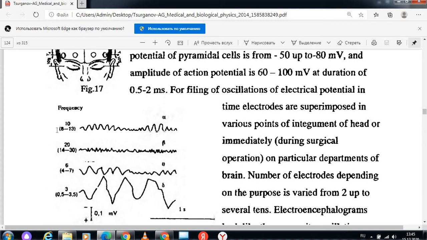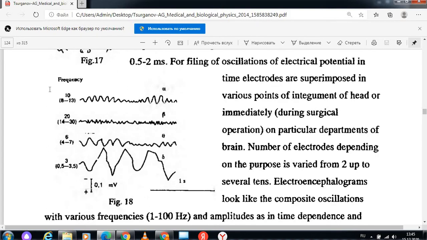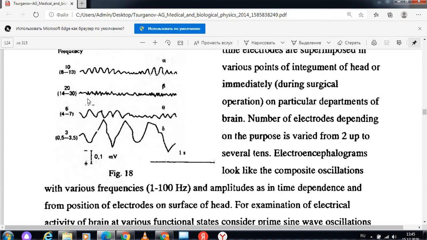Electroencephalograms on this graph look like composite oscillations with various frequencies. Here in picture 18, frequencies from 1 till 100 Hz, and they have different amplitudes, depending on time and on the position of electrodes on the surface of the head.